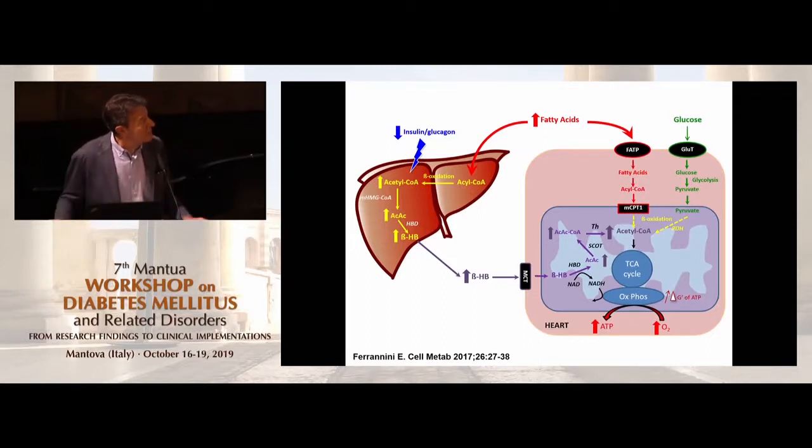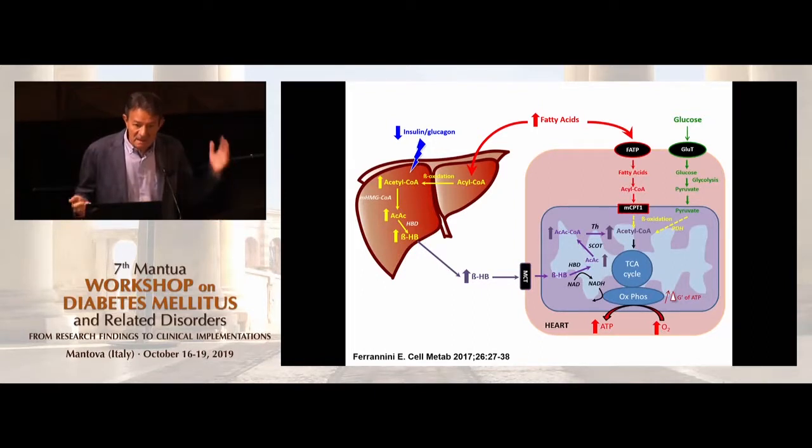And then there is also, in patients with type 2 diabetes, a decreased activity of pyruvate dehydrogenase, which is the first step into the TCA cycle. Whereas the free fatty acid will flux into the cell, any cell, including the myocardial cell, according to a concentration gradient.